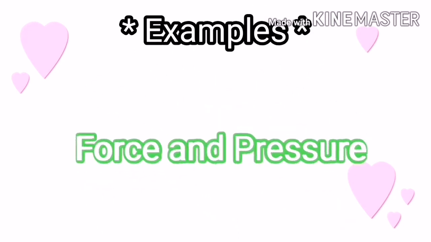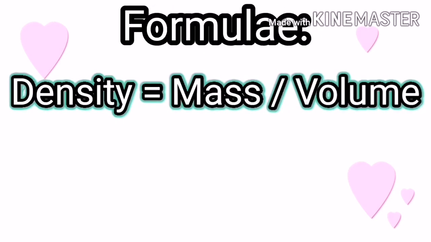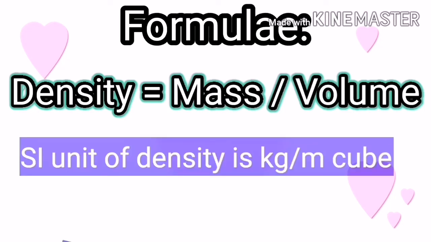Students, let's learn the formulas, which are the most interesting topic in force and pressure. The first formula is density equals mass upon volume, and the SI unit of density is kilogram per meter cube. Clear, students?